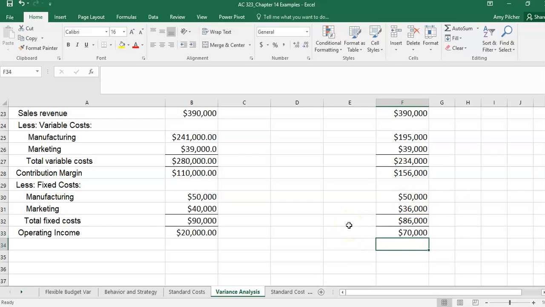So our static budget operating income is $70,000.